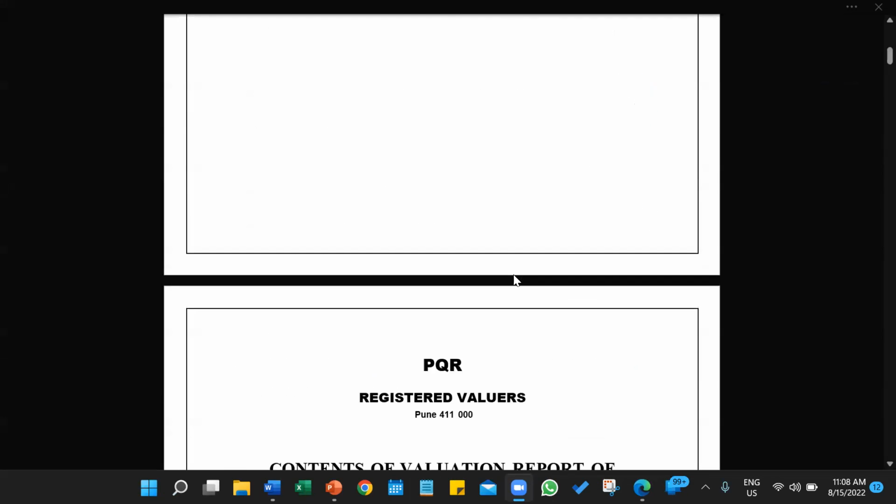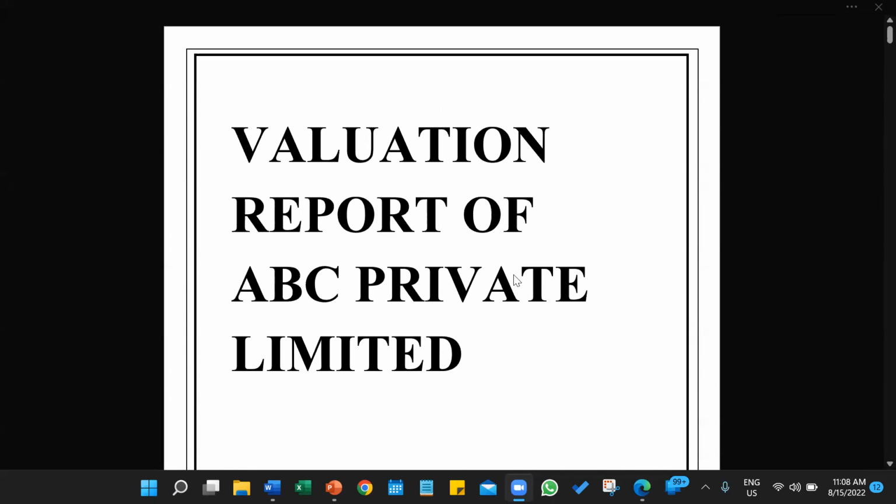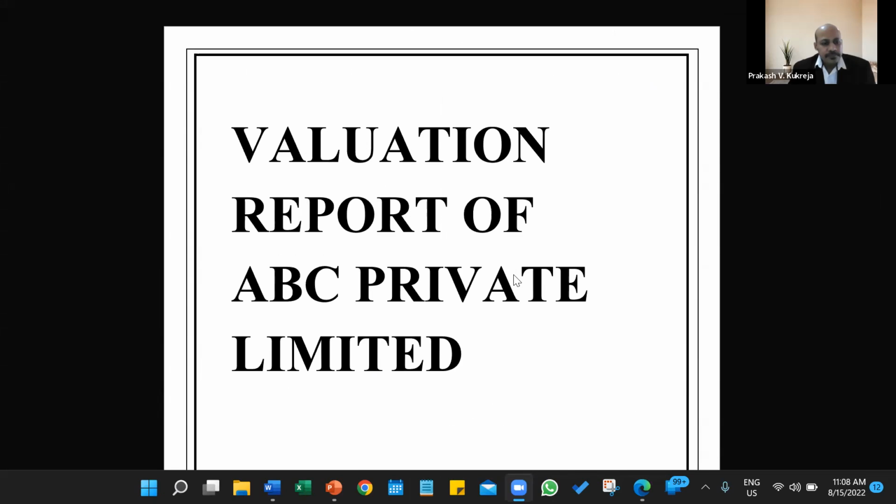Mr. Puneet Sethi is also there. He is a land and building valuer and one of the participants. If you have any queries on land and building, you can ask him.